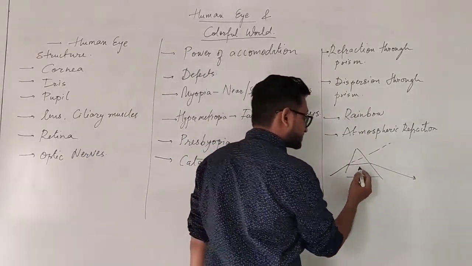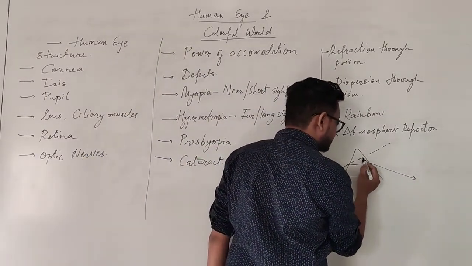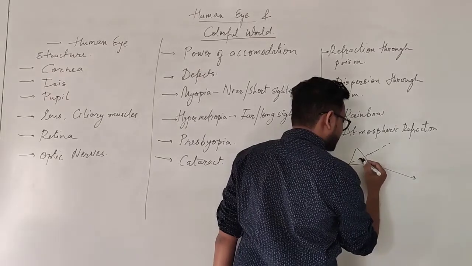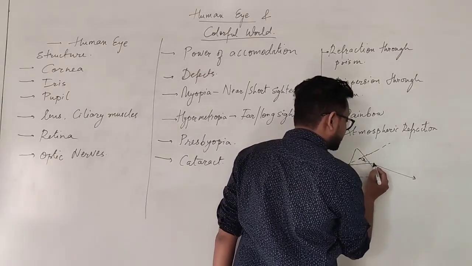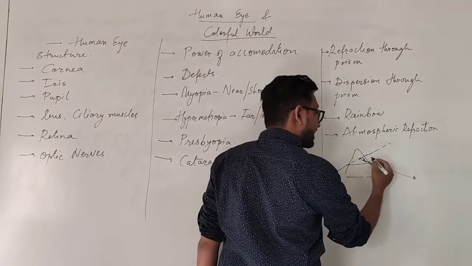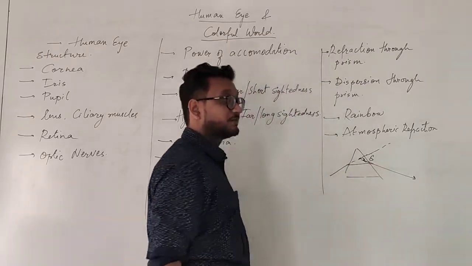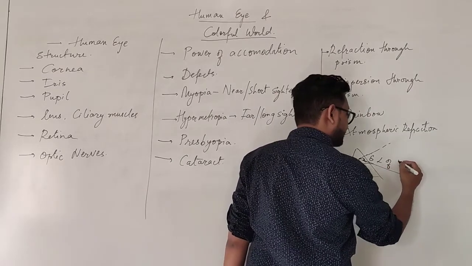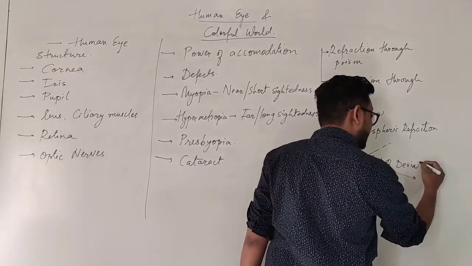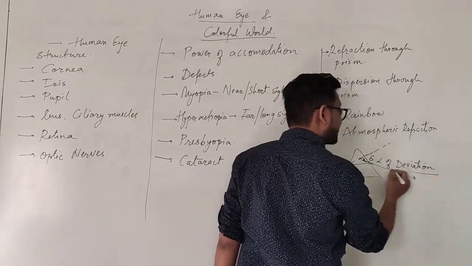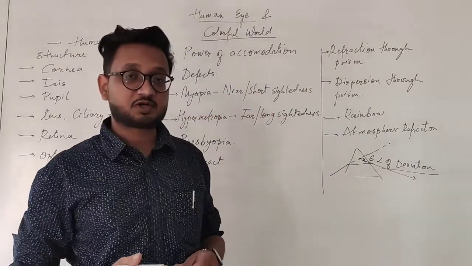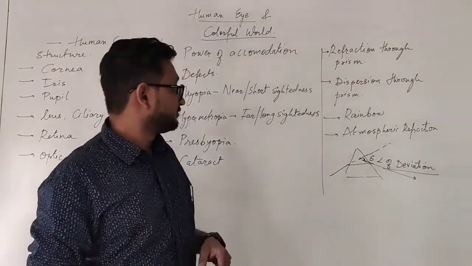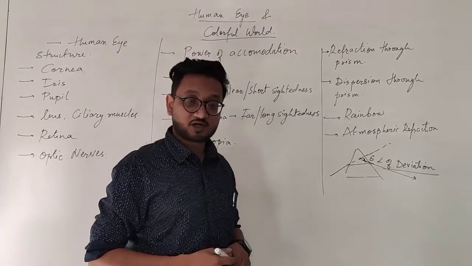Okay, this is the refraction through a prism, and this angle over here, how much it has diverted from its original path, is called the angle of deviation, delta. That means how much the ray of light has deviated from its original path. Very simple. We know how it works.